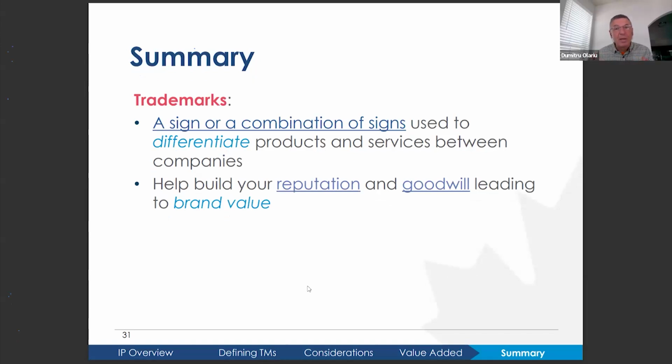So you'll be able to make a wise decision by comparing yourself with others and how to move forward in terms of building your own intellectual property strategy vis-a-vis your competitors' intellectual property strategies. So, trademarks help build reputation, goodwill, and they contribute to the brand value. That's quite important.